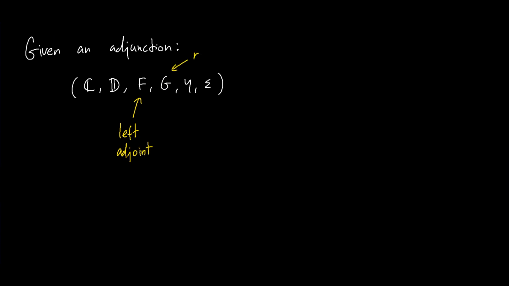The G is called right adjoint. The eta is called unit of adjunction. The epsilon is called co-unit of adjunction.